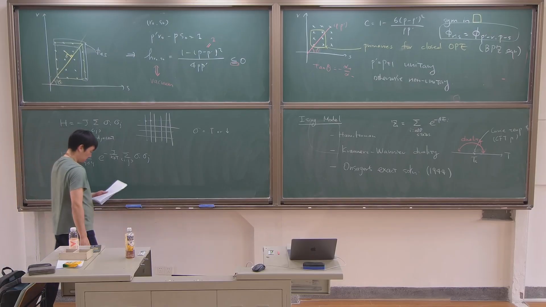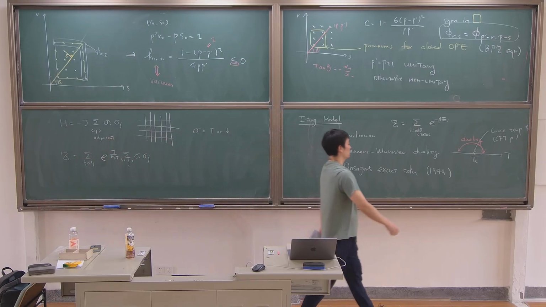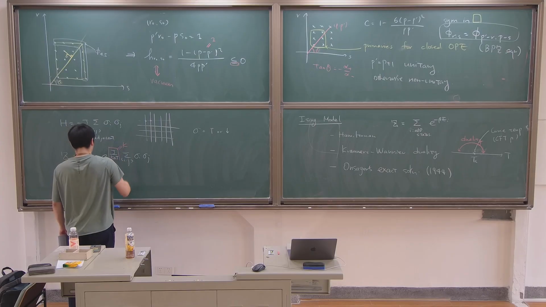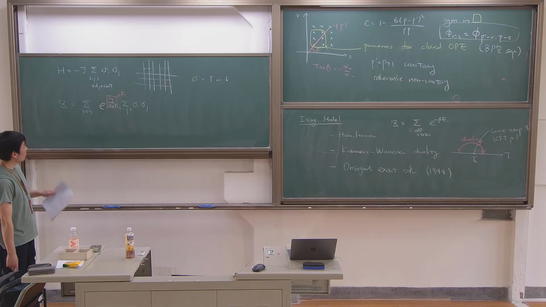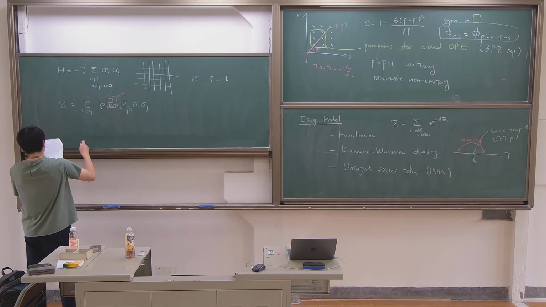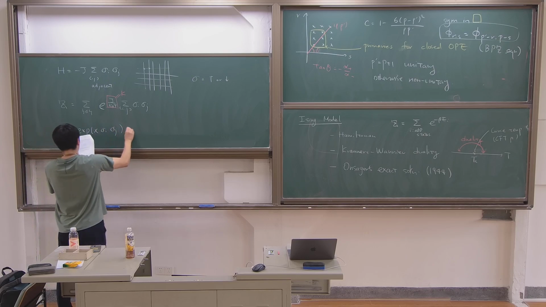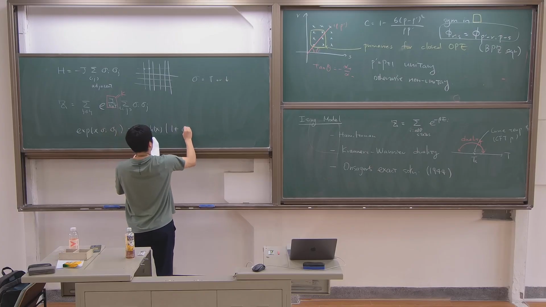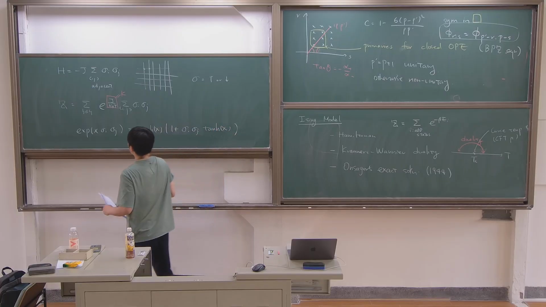I set this quantity to be equal to K, and then we can use the identity that the exponent of x sigma_i sigma_j is given by cosh x times (1 plus sigma_i sigma_j tanh x).